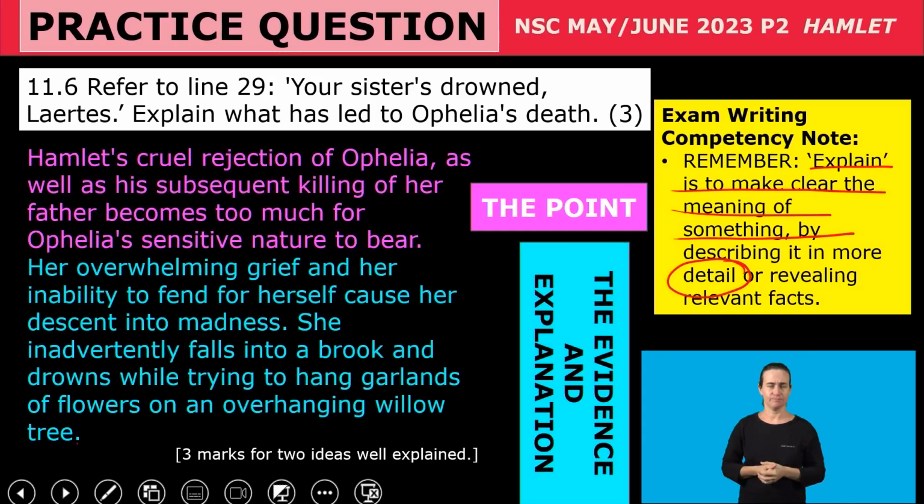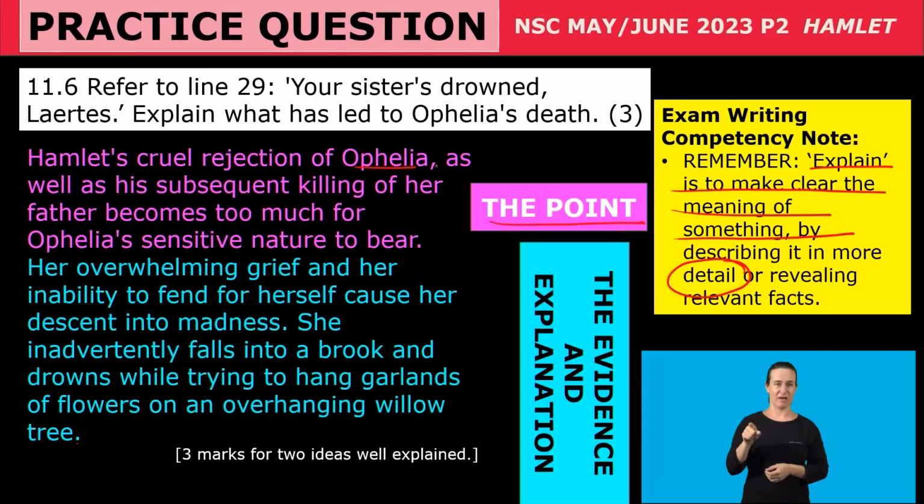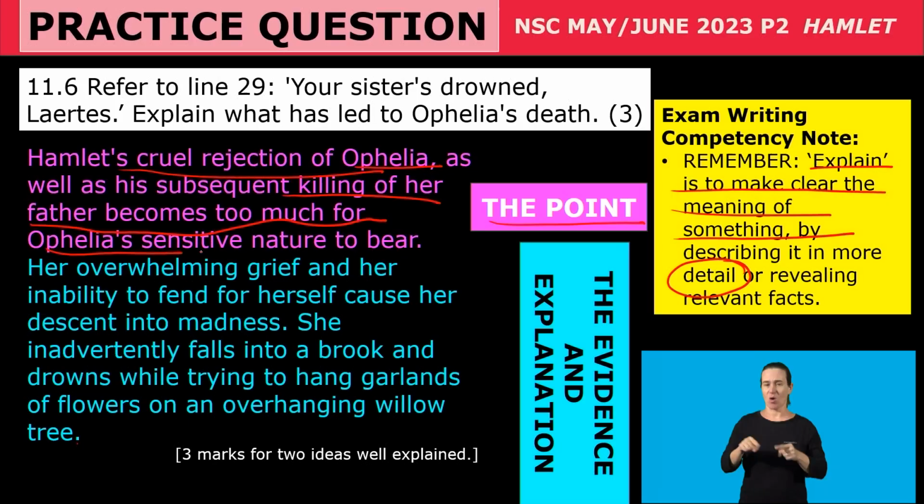So, the point. Hamlet's cruel rejection of Ophelia, as well as his subsequent killing of her father, becomes too much for Ophelia's sensitive nature to bear. So the main two things that actually led to her death is the fact that Hamlet rejected her, and then also that her father was murdered.